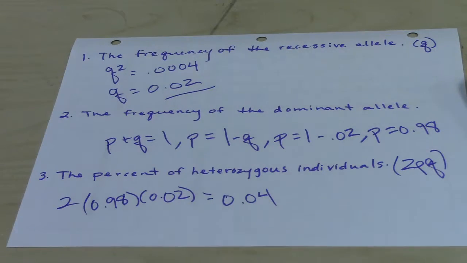So 0.04 is the percentage of heterozygotes that are in the population.